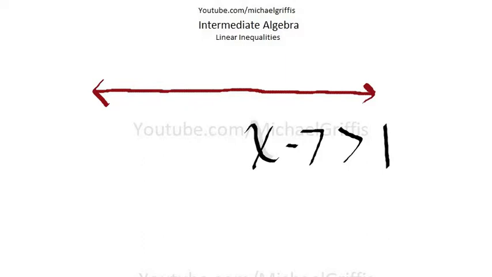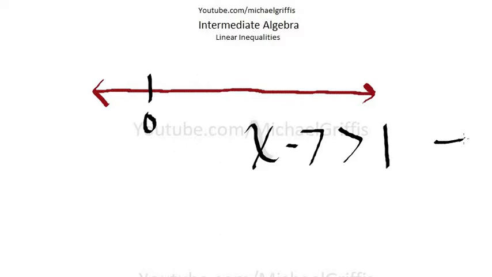So what I'm going to do here is plot, we'll say 0 is right here on the number line. Now, when we solve for this, x minus 7 is greater than 1, it's much like solving a linear equation, except there's going to be one small change, and we'll get to that in just a minute.